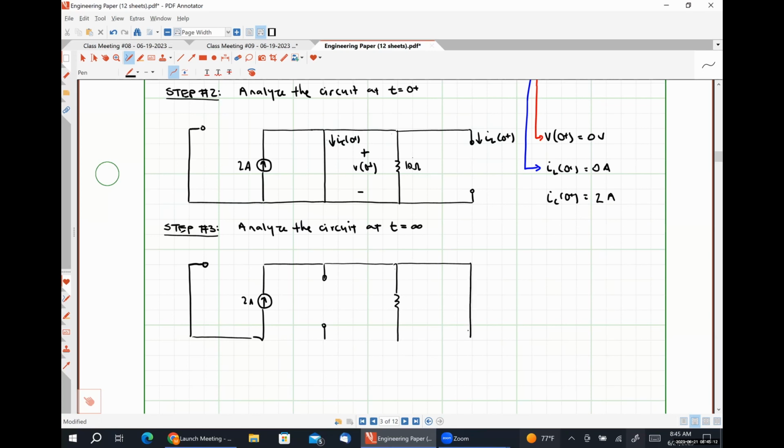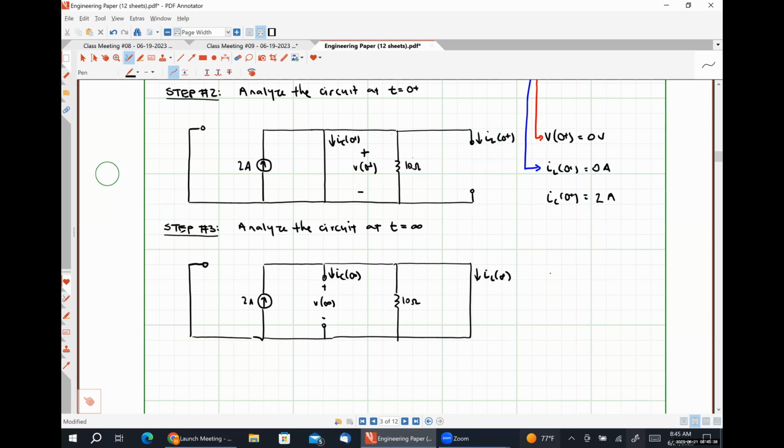Our inductor is going to look like a short circuit. This is 10 ohms. This is V of infinity, IC of infinity, and IL of infinity. And we can solve this one just by inspection as well.